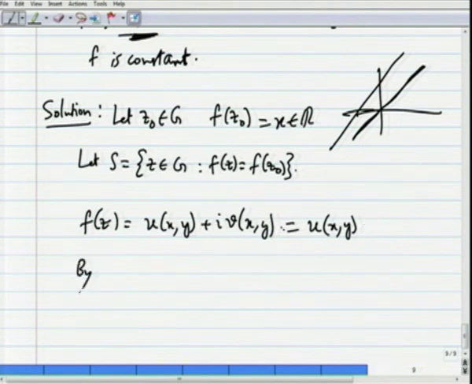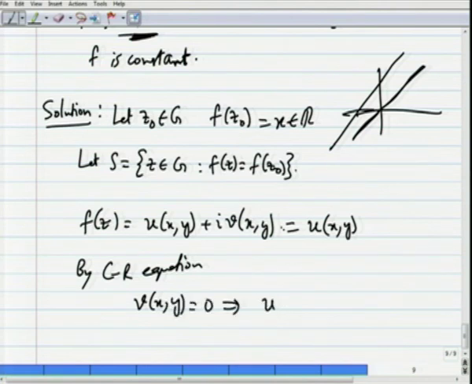By the Cauchy-Riemann equations, we have v of x y is 0 implies u x, the partial of u with respect to x, is 0, and the partial of u with respect to y, which is minus the partial of v with respect to x, that is also 0.